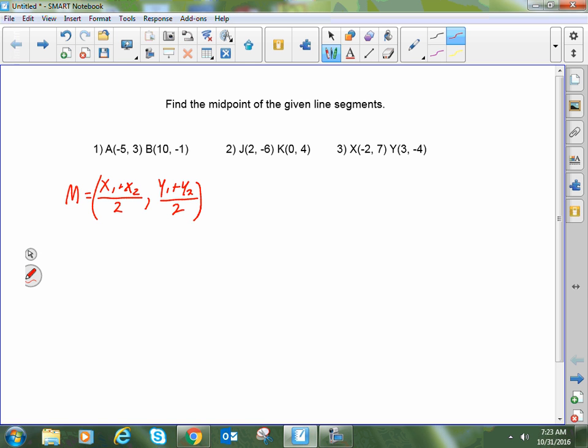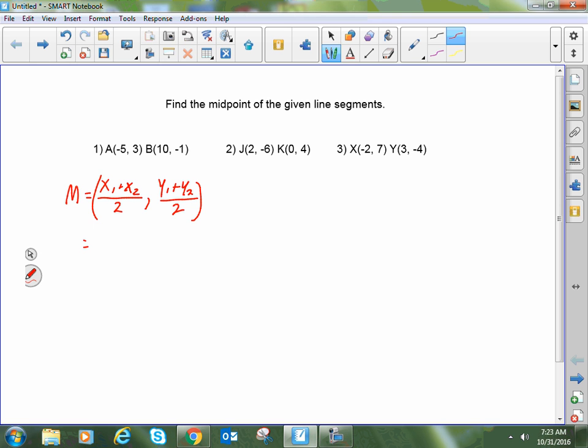You can put it in parentheses like this because we are finding a coordinate, and this is how we write them out. For all intents and purposes, I'm going to look at the coordinate on the left of the problem as point 1, and obviously the second point is point 2.